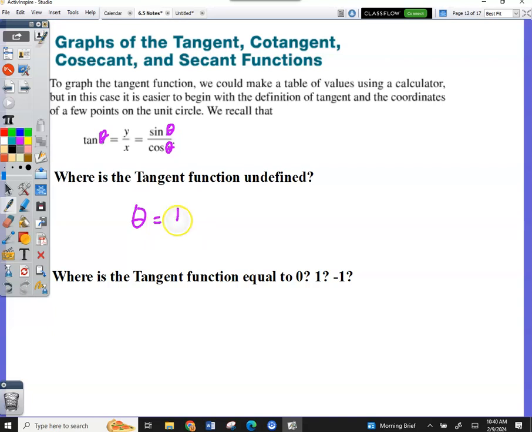You could go negative pi over 2, or we said it was 3 pi over 2. And then it kept going. You could keep rotating, right? All right. Now, go back to your T chart from the other slide.